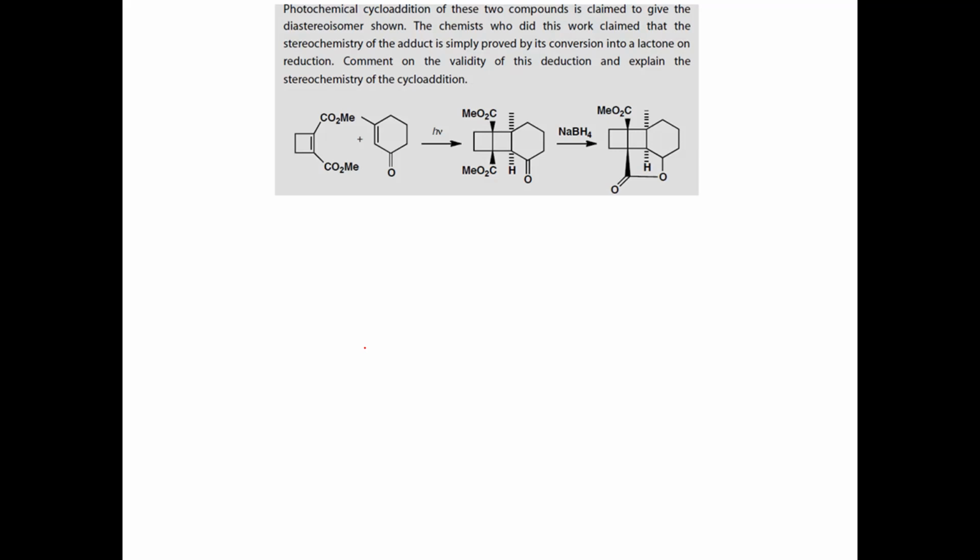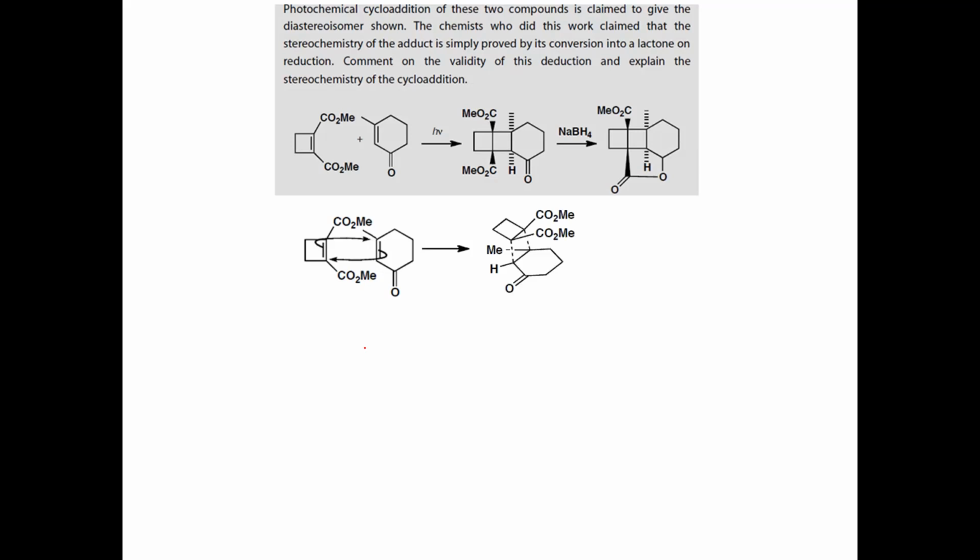So what happens here? The first part of the reaction is just the cycloaddition, the formation of the ring. That shouldn't be a big deal. I will ask you to use the curly arrows to explain why this reaction works this way.